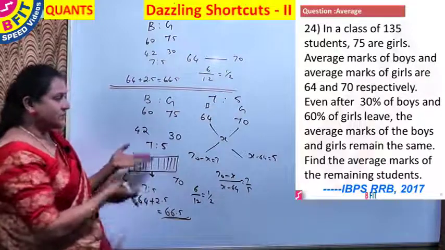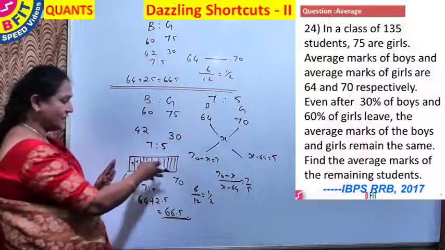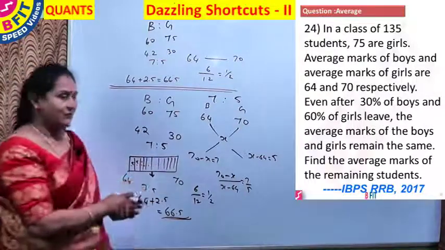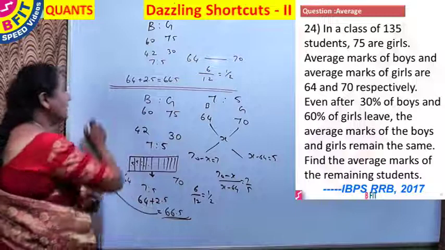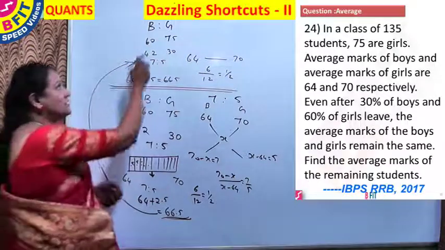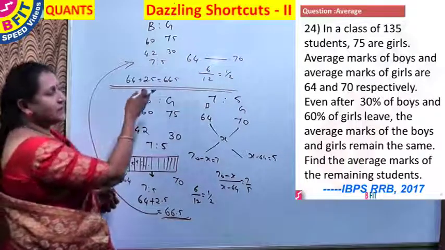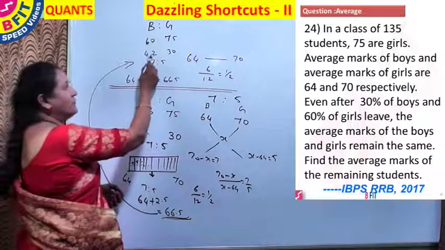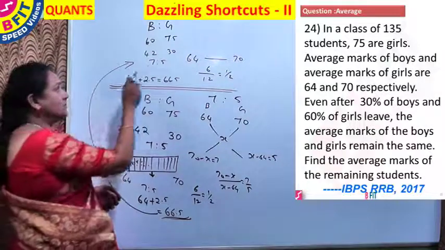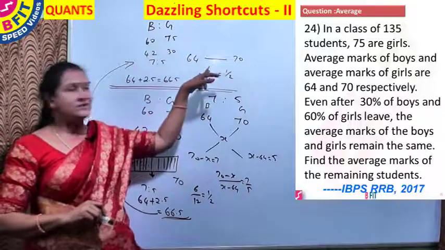With this simple understanding and pattern of working, where you divide the data into an equal number of parts, without doing all this, I got the answer as 66.5. First I saw how many boys and girls are there. If 30% and 60% leave, we have 42 and 30 boys and girls. The ratio of boys and girls is 7:5. The data difference is 6.